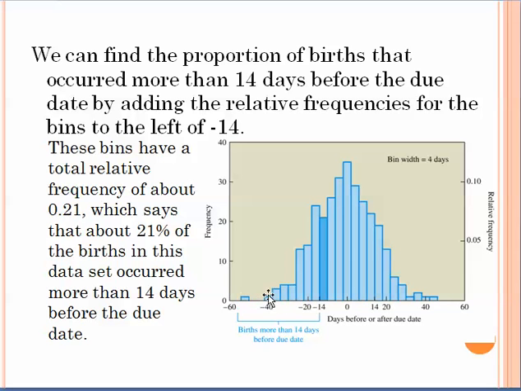If you add the heights of the bins, you get the proportion of births that occur more than 14 days before the due date. These bins have a total relative frequency of 0.21, which says that about 21% of the births in this data set occurred more than 14 days before the due date.